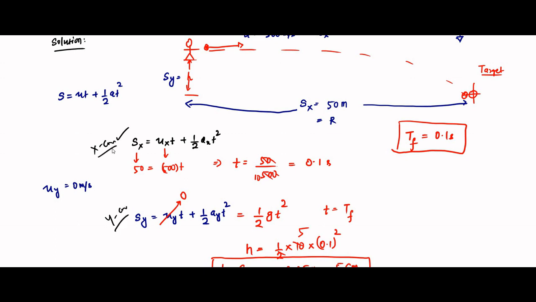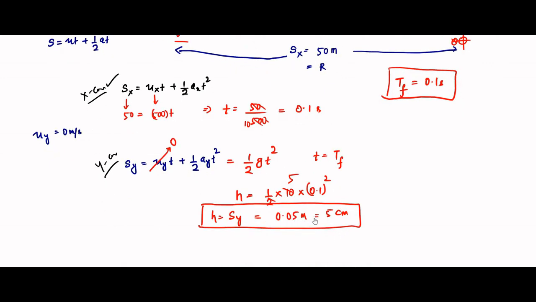And the parameters you should assign carefully. You should see what is the component along x, what is the component along y for velocity, acceleration and displacement. So here we calculated the height above the target, which is equal to 0.05 meter.